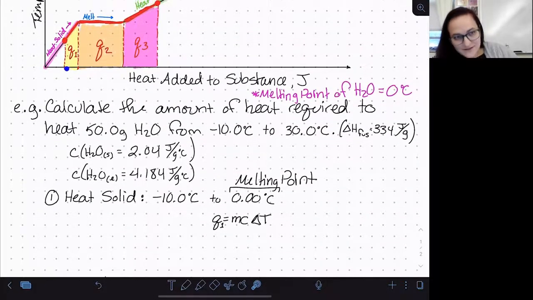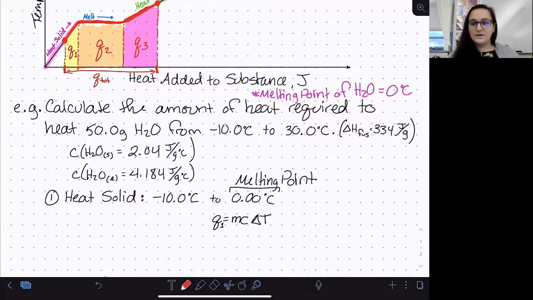Q1 is this distance here, Q2 is this distance here, Q3 is this distance here. What we're looking to solve for is this total amount of heat for this entire process of going from -10 to +30, which involves melting along the way.